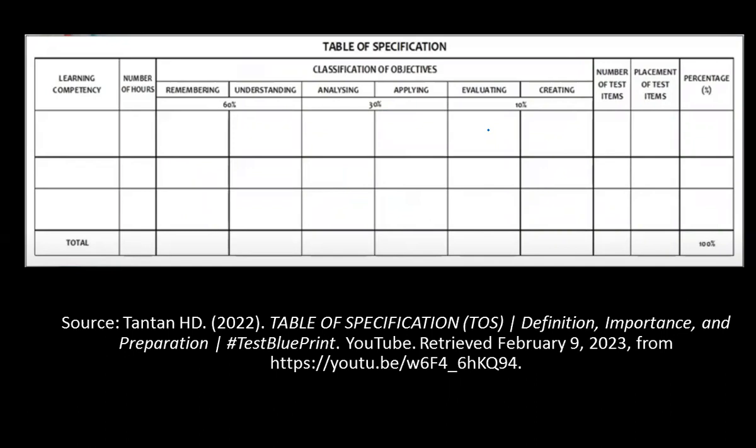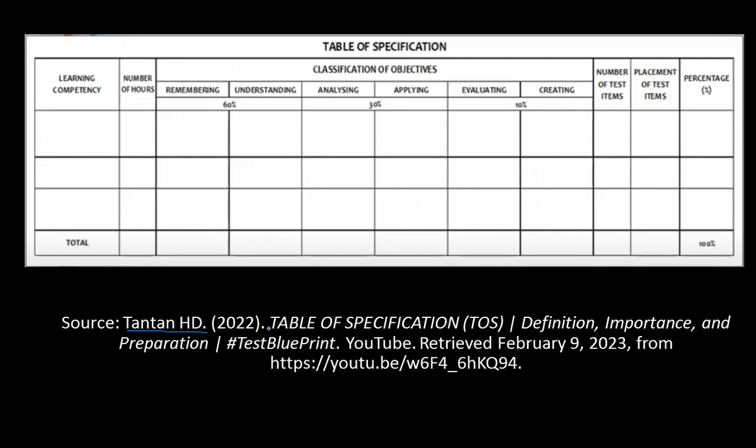So, for the sake of the viewers, I will be using this format na pang DepEd talaga. And I got this image from the YouTuber, Tantan HD, noong 2022, that talks about table specification.